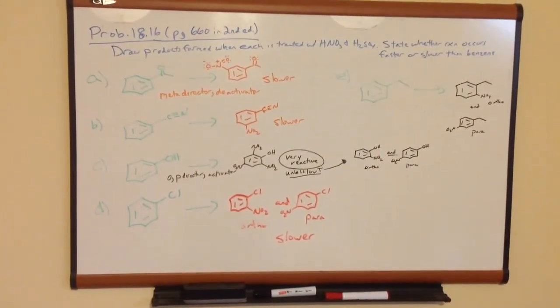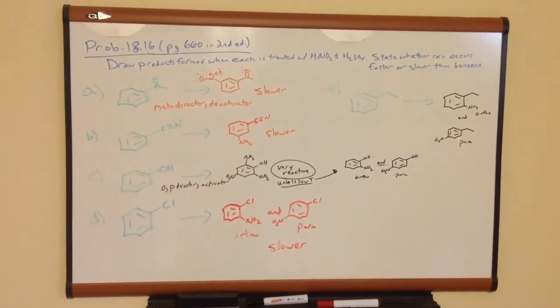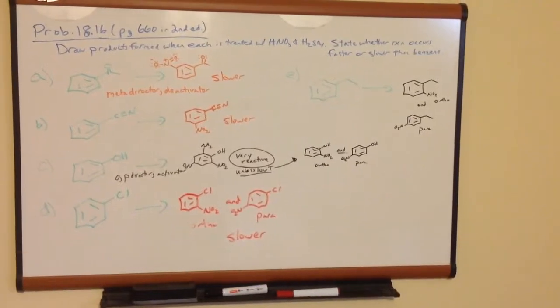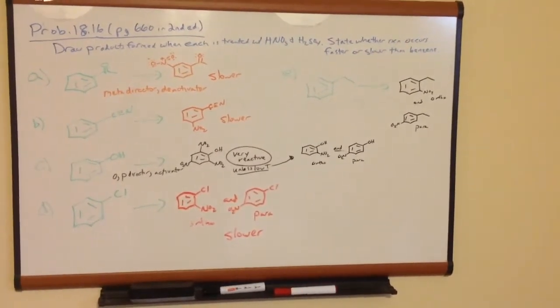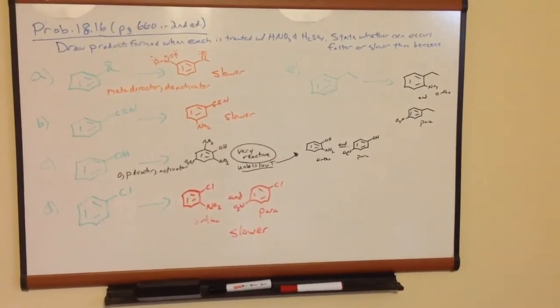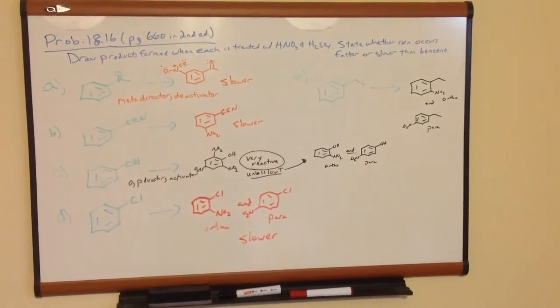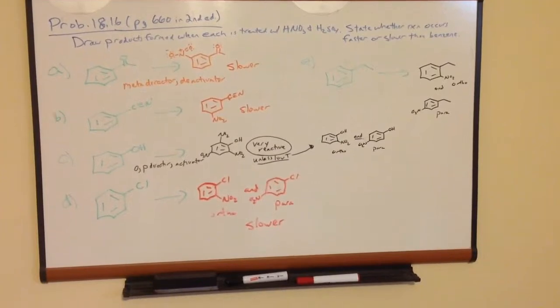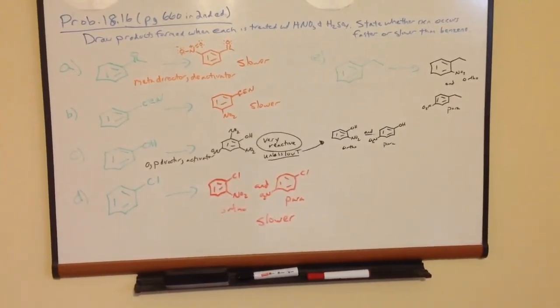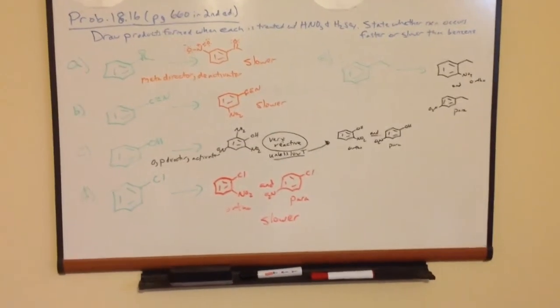Nitration is pretty much going to stop at monosubstituted. In choice E, we've got ethylbenzene, which has an R group, an alkyl group. It's mildly activating and an ortho-para director, so we should expect a mixture of the ortho and para products there. And from a steric standpoint, the para would be preferred, so probably a little bit more of that. So here is a good example.